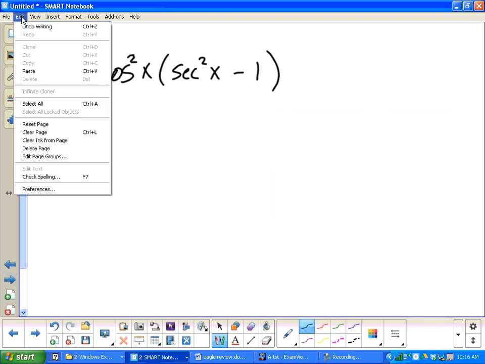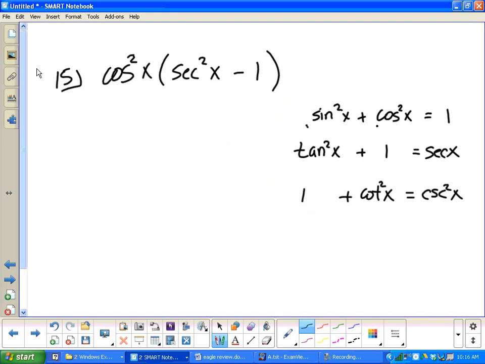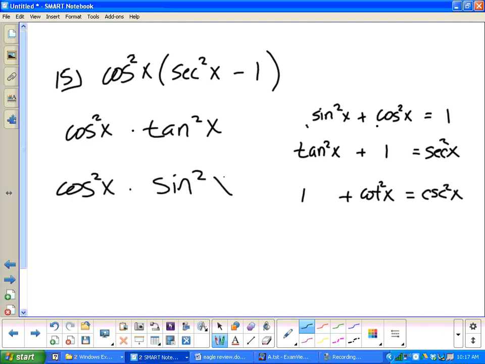All right, let's try this one. All right, now, again, I'm probably going to stay away from multiplying it out. Secant squared minus 1 is tangent squared. Okay, so we'll get cosine squared x times tangent squared x. Now what then? Right. We can write tangent squared as sine squared over cosine squared.